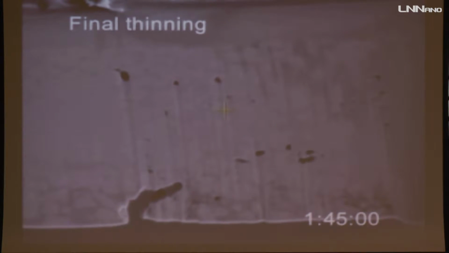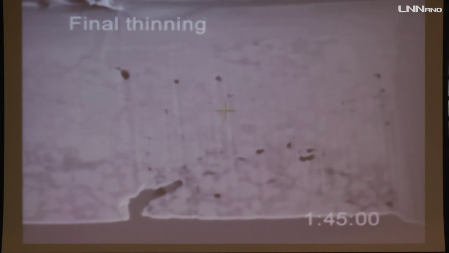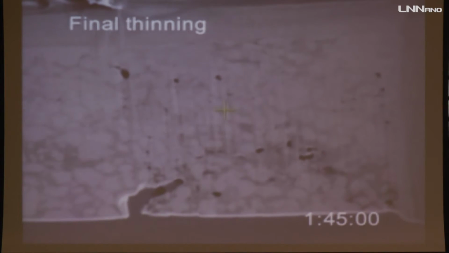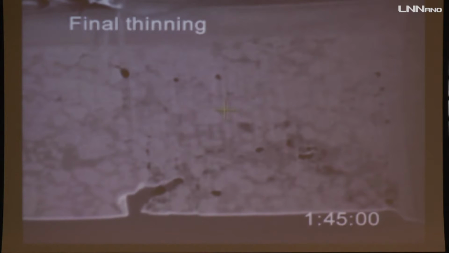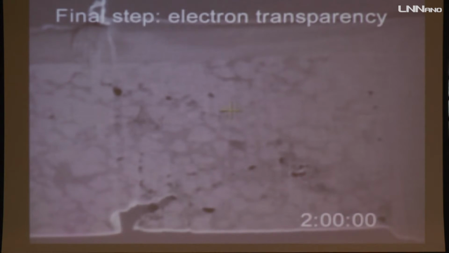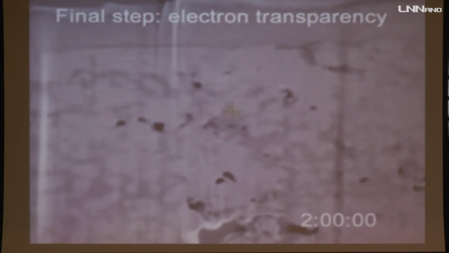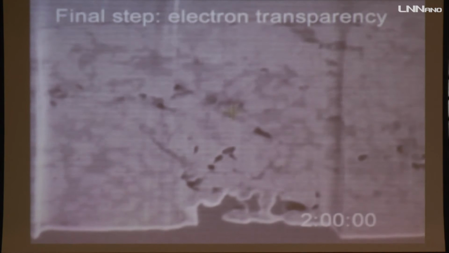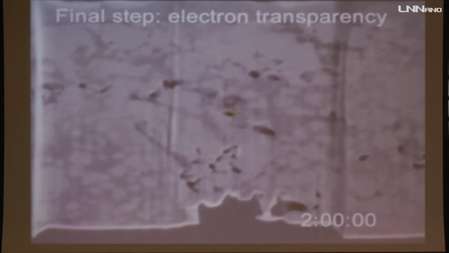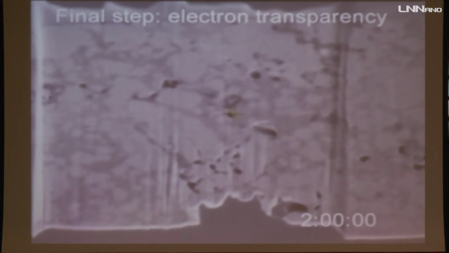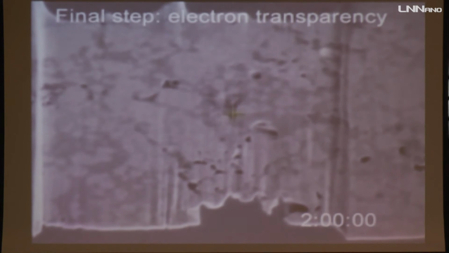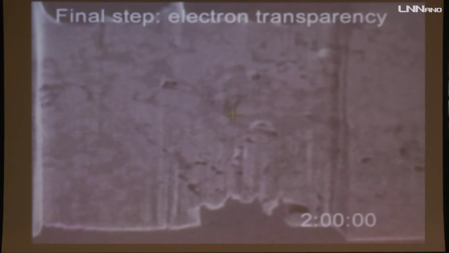The idea is you have here the platinum deposit, the first one. And you come with the thinning of this lamella to have it electron transparent. There are many, many steps. It's very hard work, but with a lot of practice, people are able to do it in one afternoon or one morning.